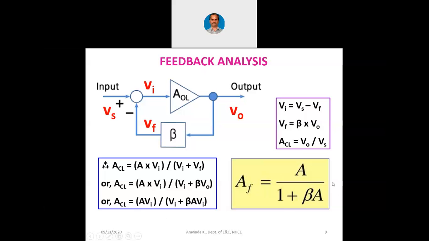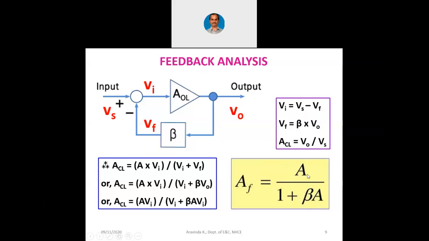Now you can look at this equation. This is the equation for the closed loop gain, which means with the negative feedback, we have a reduction in gain. You can see A is a larger value, beta is a small fraction. For example, let us take A equals 100 and beta equals 0.1.